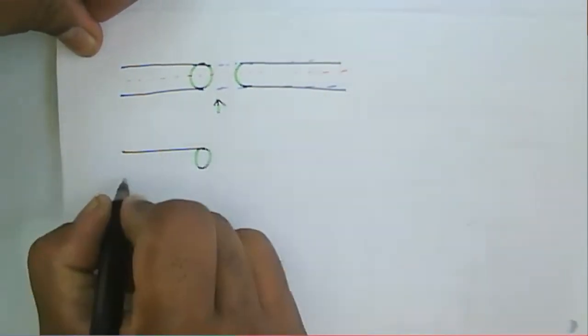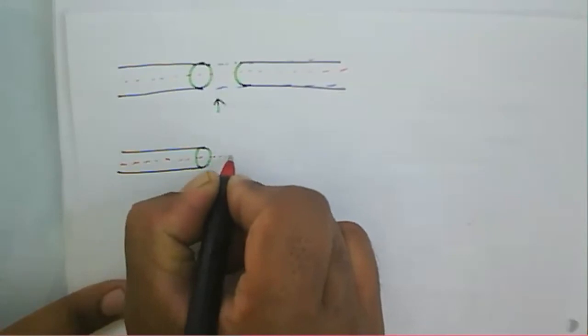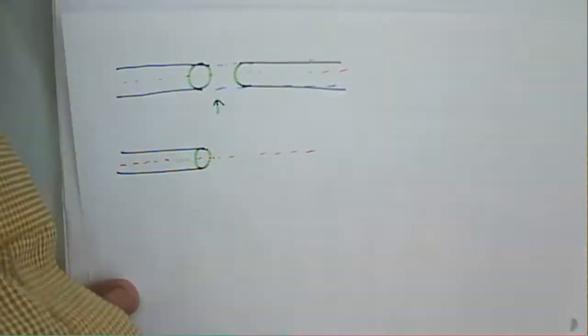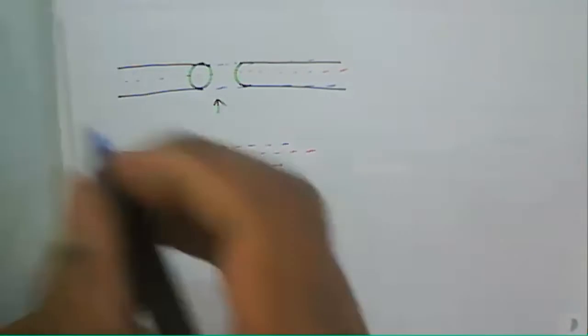If the axis is not matched, this is nothing but a fiber we have. One fiber has its axis, and we can consider that this is the core we are expecting.